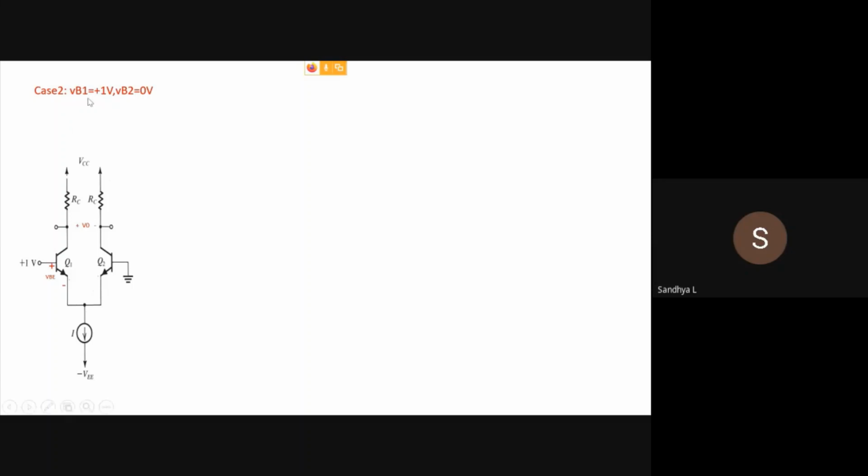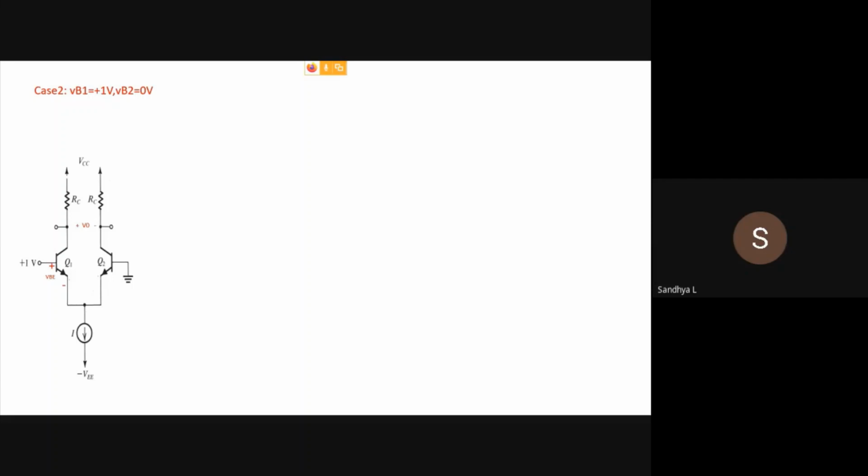In the case of a differential amplifier, it is not like in the case of a standalone transistor. In the case of a standalone transistor, we say that a transistor is on and conducting current when the base emitter voltage of that transistor is equal to 0.7.